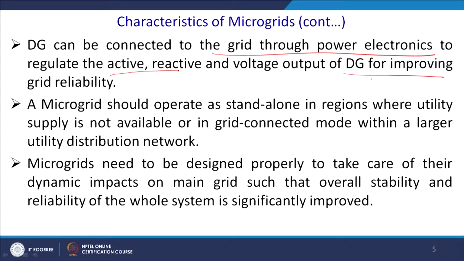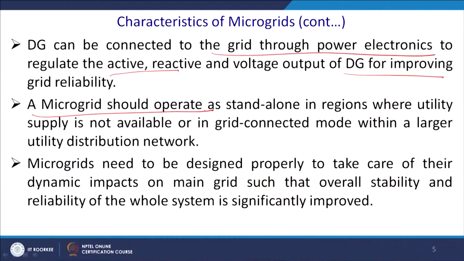Sometimes we may feed reactive power, if required, for grid stabilization. A microgrid should operate standalone in regions where utility supply is not available, or when you have a blackout for some days, and in grid connected mode within a large utility distribution network. So, this is also possible. Its flexibility is more.